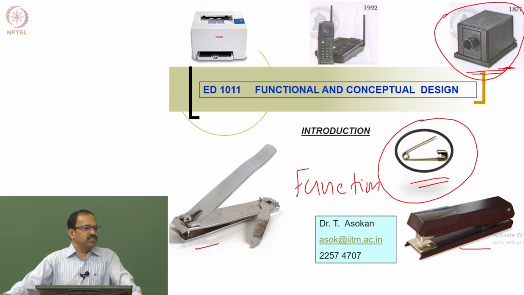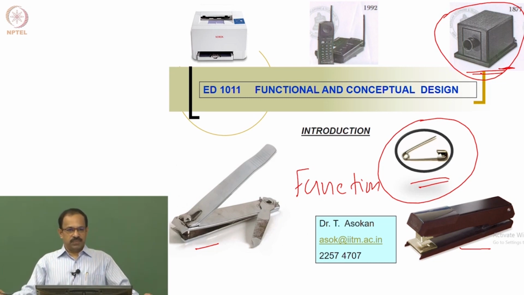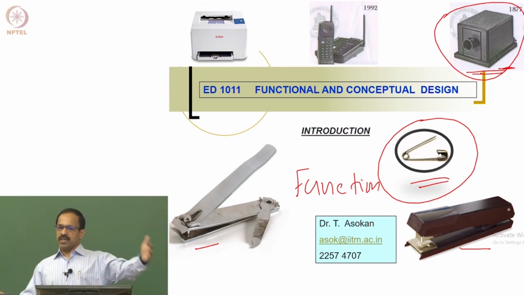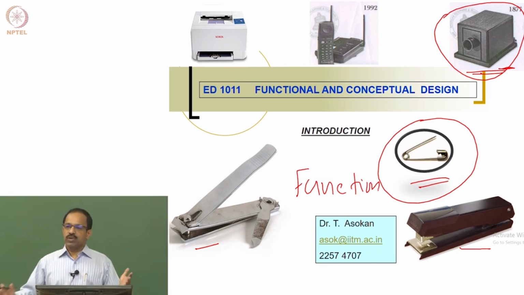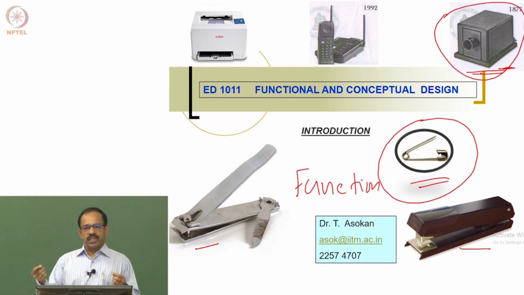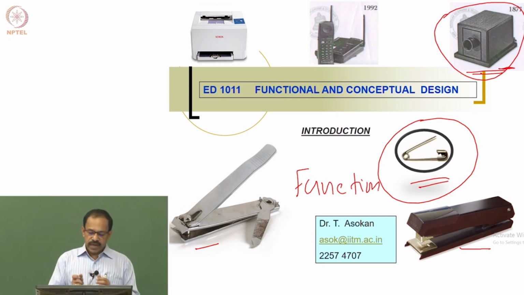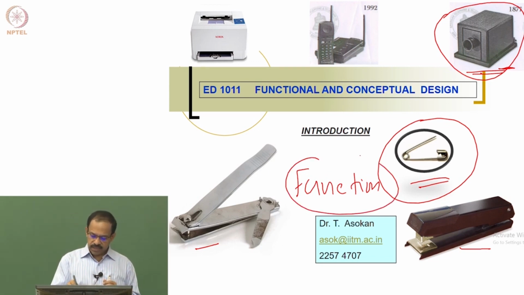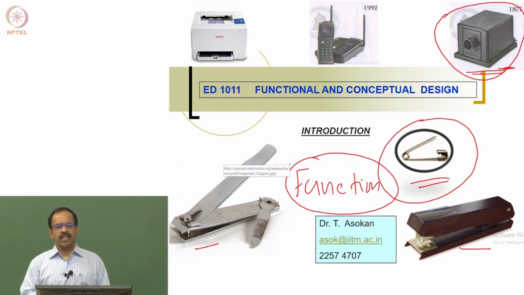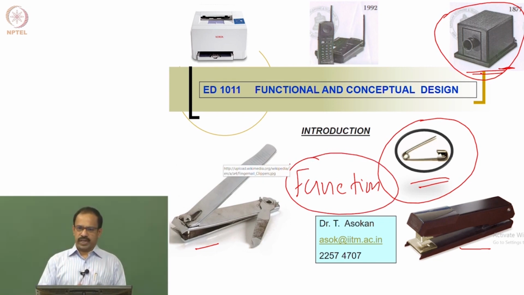That is known as the function of a product. If you take the current printer and the printer 50 years ago, it's doing the same thing. Maybe you added a few things, but basically it is providing you the same kind of output. That means its function remained the same. There was no change in the function of the product.